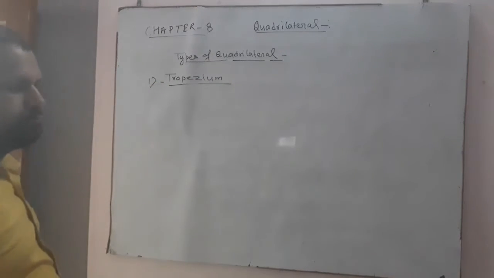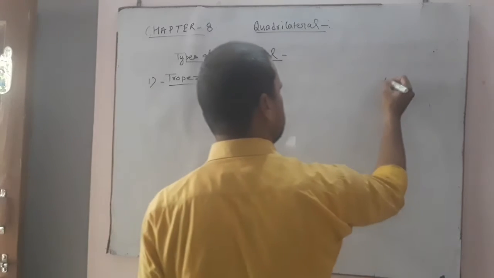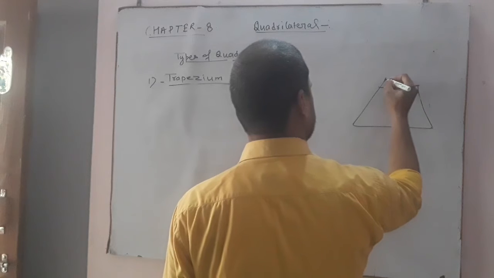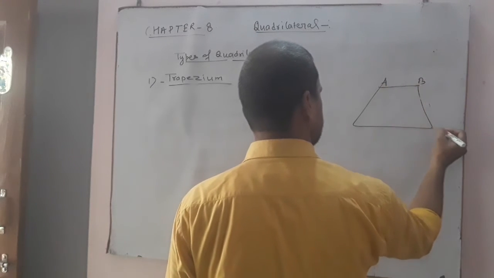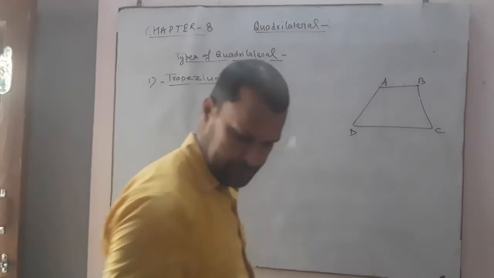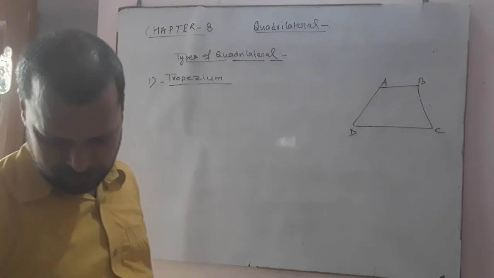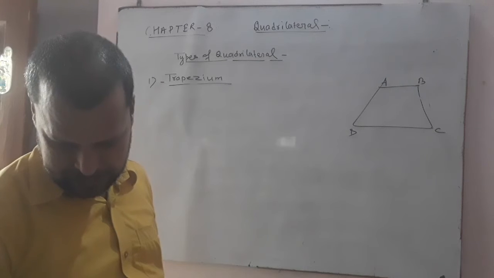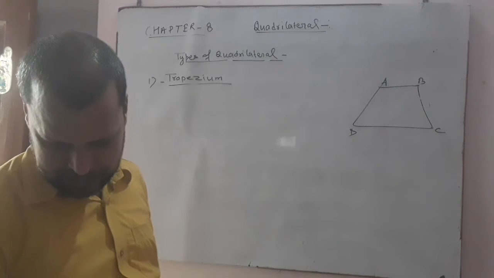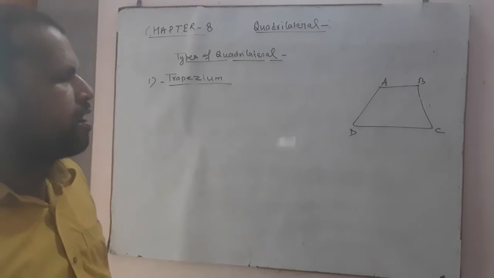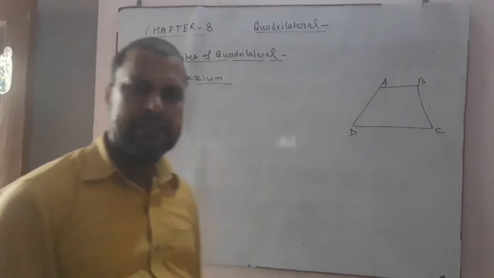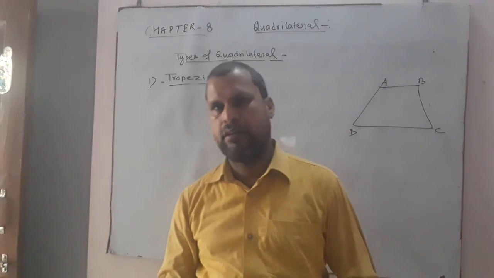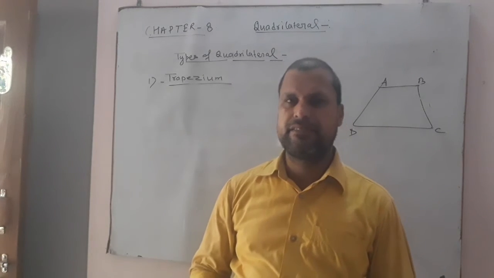What is a trapezium? A quadrilateral is said to be a trapezium if one pair of sides is parallel.